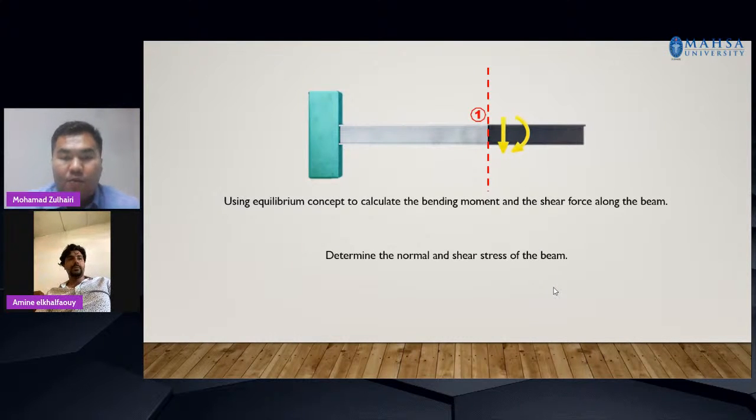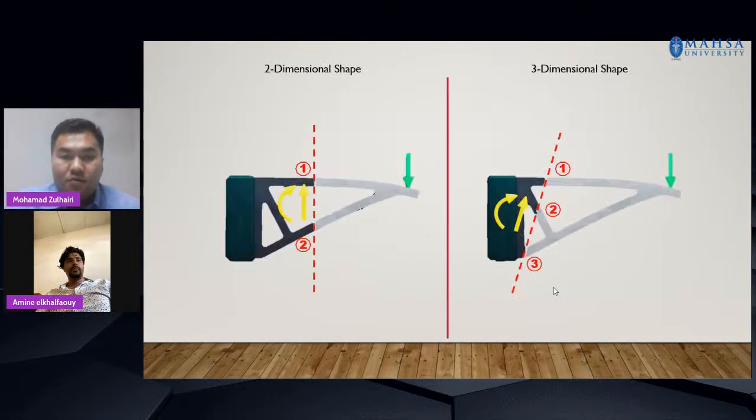But that is for one dimension only. How about two and three dimensional shapes? It will require a lot of calculation and a lot of time. Also, sometimes the calculation will have errors.